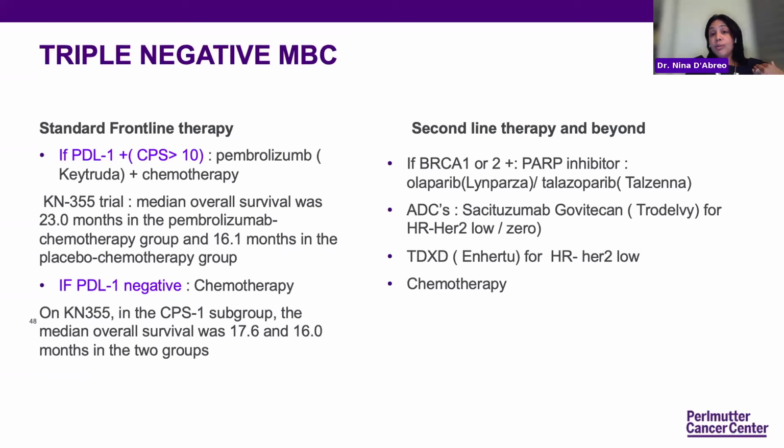In terms of second-line therapy, as we have alluded to, there are patients who have the BRCA mutation, and this is seen much more commonly in triple negative cancer. We have oral drugs called PARP inhibitors that can be used to block the BRCA in these patients. These antibody drug conjugates can also be used in patients who are HER2 negative and triple negative. And there's always traditional chemotherapy that can still be used.